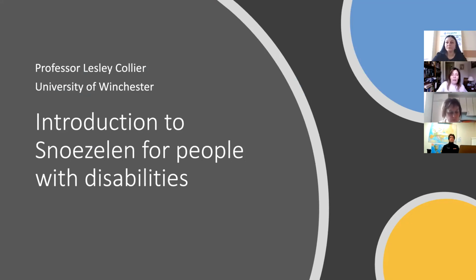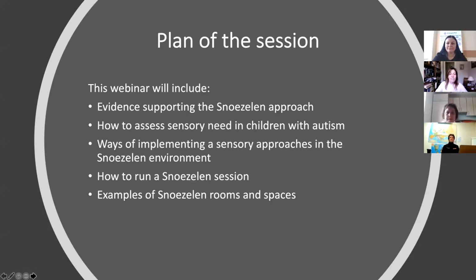So I've included a plan of the session of what we're going to cover. We're going to look at some of the evidence supporting what we're trying to do, so how is this approach affecting the children we're working with? I'm going to cover some information about how we can assess the sensory needs of children with autism.